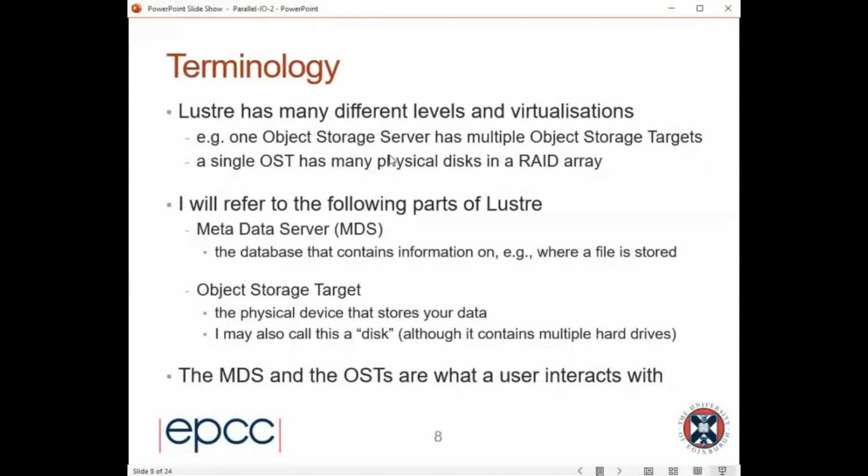And a single OST actually has many physical disks in a RAID array, multiple storage units for parallelism and for redundancy and error checking. But I think the simplest way to think of Lustre is the metadata server, the database that contains information on e.g. where a file is stored, and the object storage target, the physical device that stores your data, and I will call this a disk, although it may contain multiple. And the MDS and the OST are what a user interacts with. So that's why I think these are the most useful things to think about.